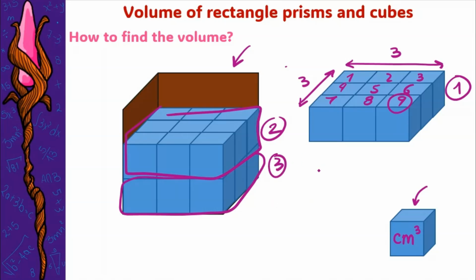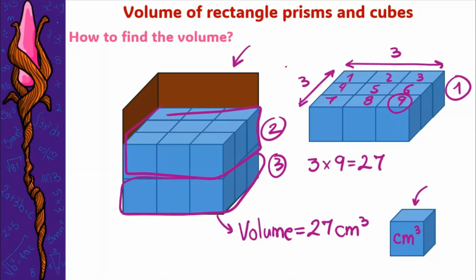So we have 3 times 9 cubic centimeters, which is 27. That means the volume of this box is 27 cubic centimeters.